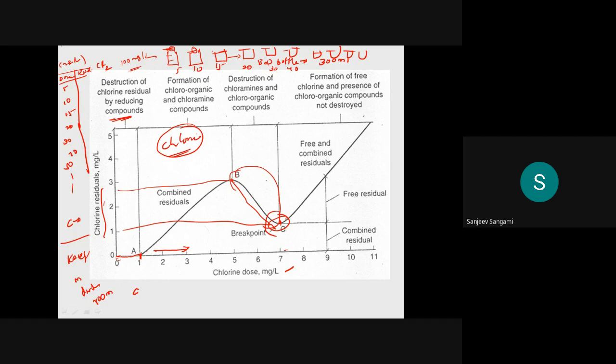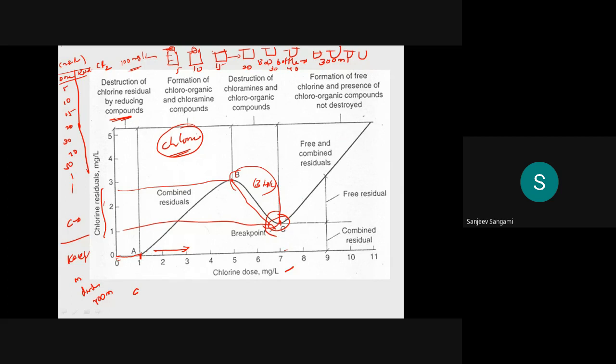Then the remaining will be 3 milligram per liter. At this point you will get 3 milligram per liter. Like that you have to calculate it. Whatever comes after this will be residual chlorine.